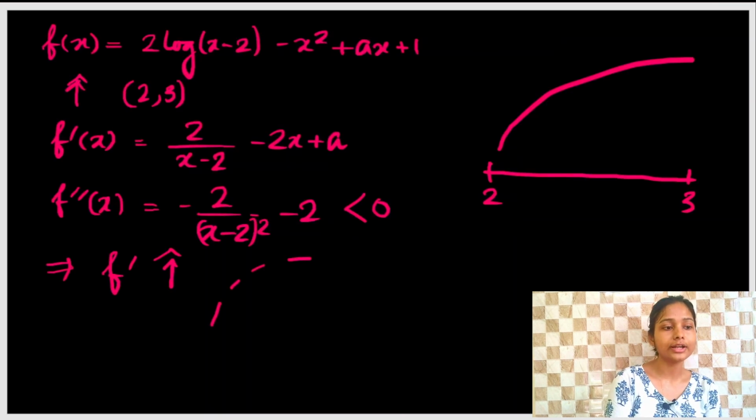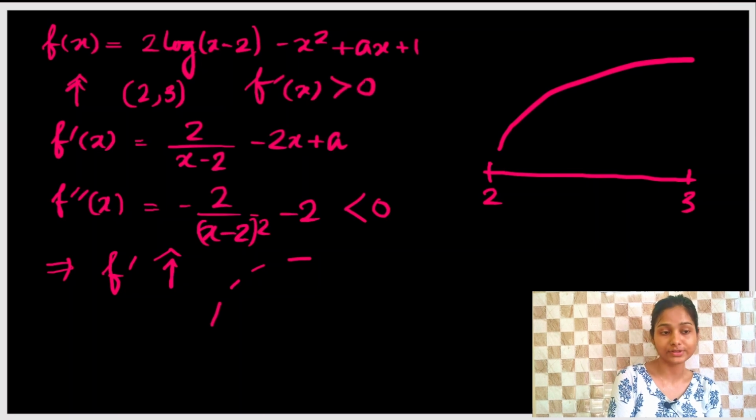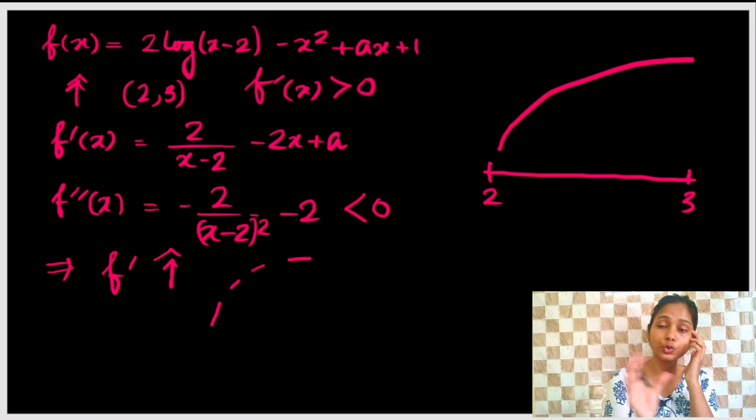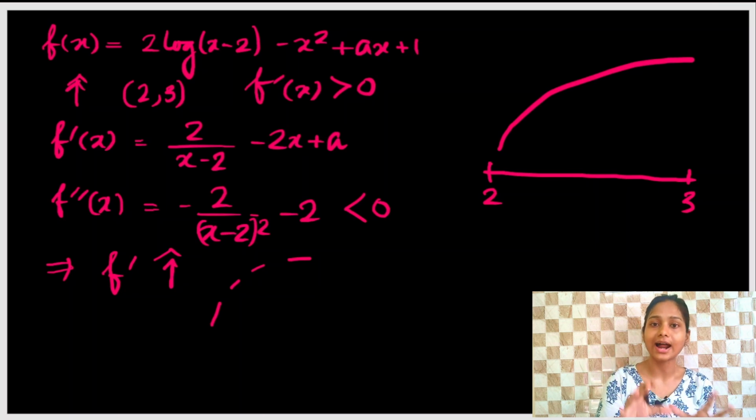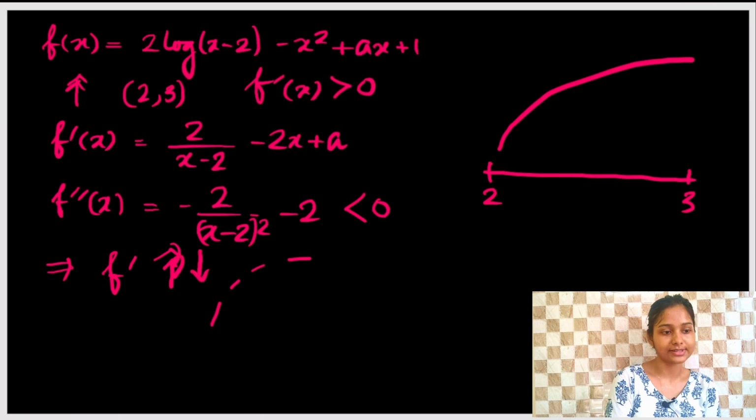So in 2 to 3, the derivative should always be positive. So in the (2, 3) interval, the derivative is always positive, and that is the largest open interval in which the derivative can be positive, so as the f dash is also decreasing.